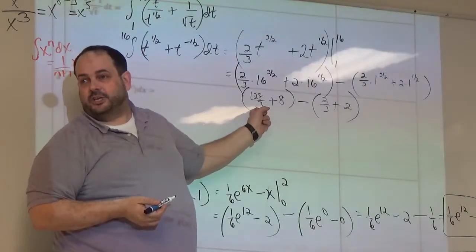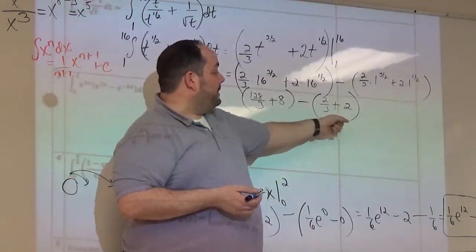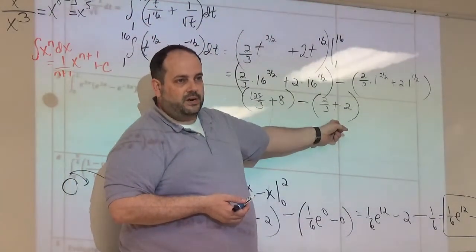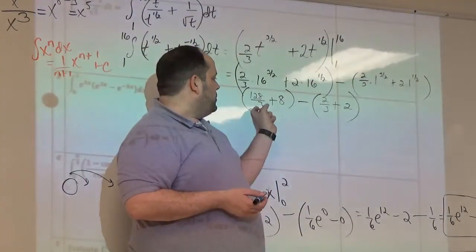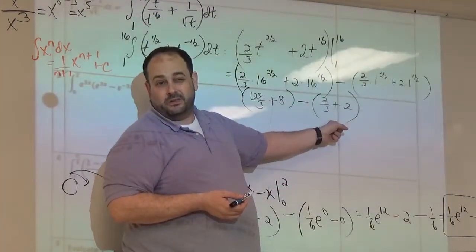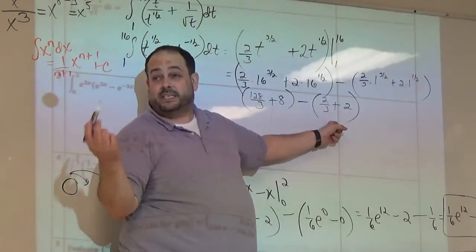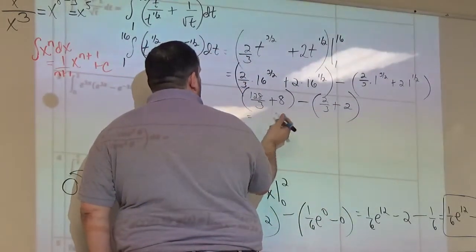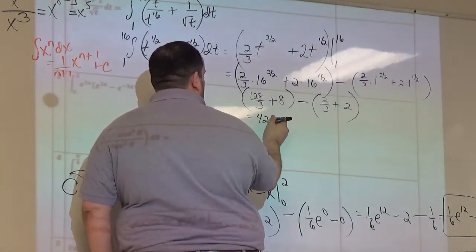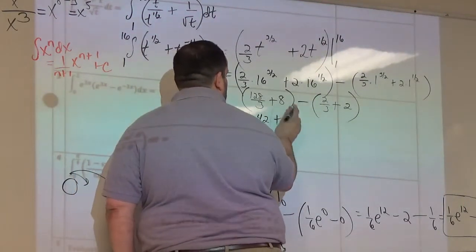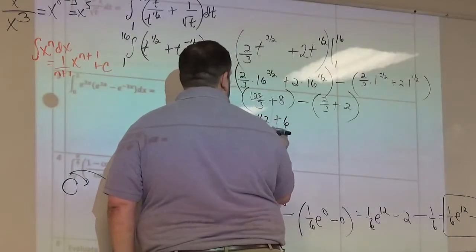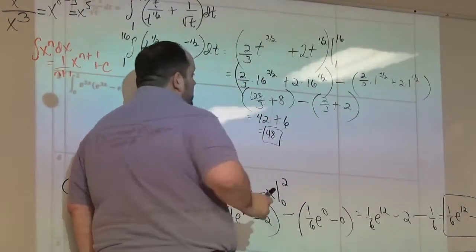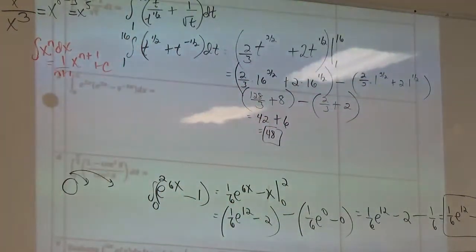I see a fraction in terms of thirds over here, minus a fraction in terms of thirds over here. 128 thirds minus 2/3 is 126 thirds, and 126 divided by 3 is... I swear you guys can do that. 42. Plus 8 minus 2, 6. Grand total, 48.